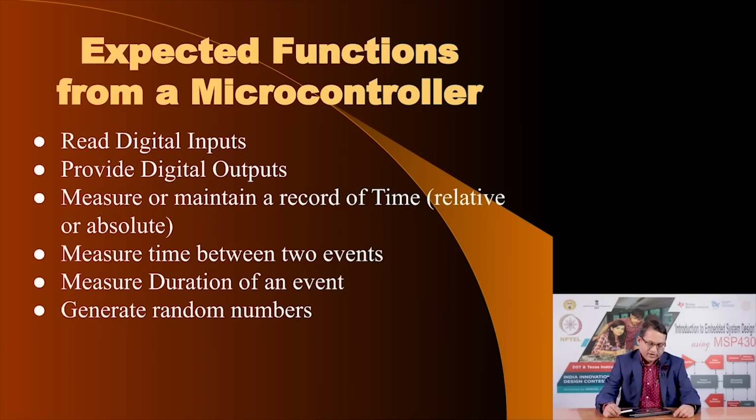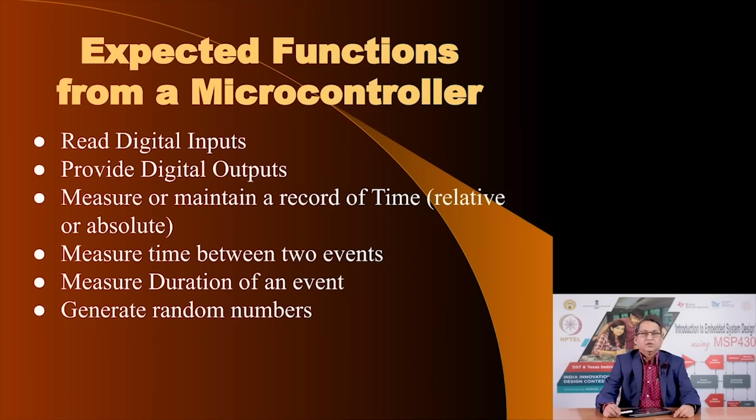The first very important function that an embedded microcontroller must perform is that it should be able to read digital inputs. The reason is that a microcontroller is a digital integrated circuit. It may also have capabilities of reading analog voltages, and we will come to that shortly, but primarily a microcontroller is a logic device, and therefore it is very natural for it to read discrete digital values.